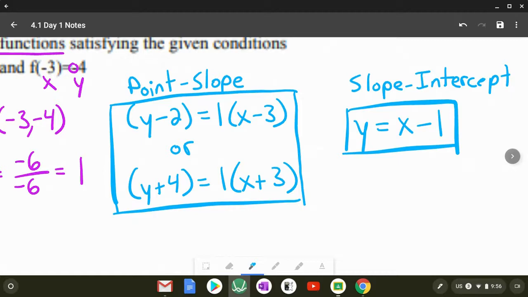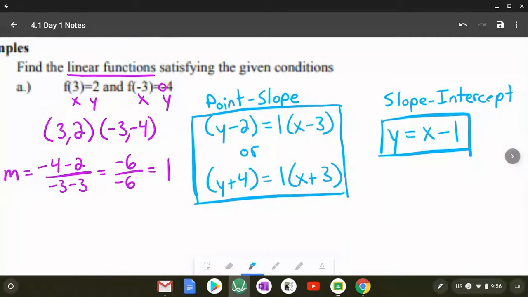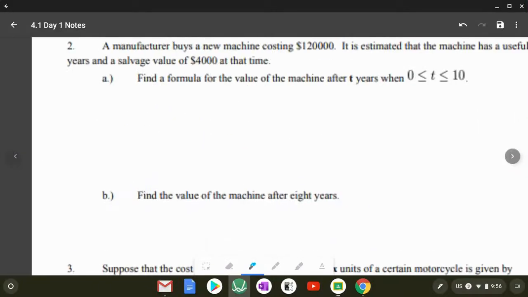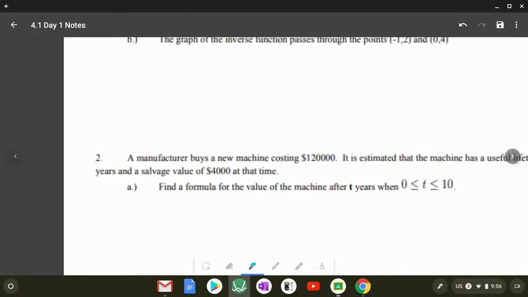Remember, because they didn't give us the y-intercept, you have to put it in point slope form first, and then distribute the slope and get y by itself so that it's in slope intercept form. Okay. On the next page, let's go ahead and check out part B.